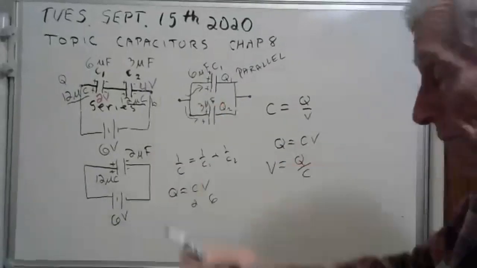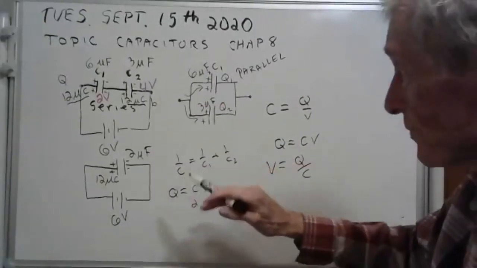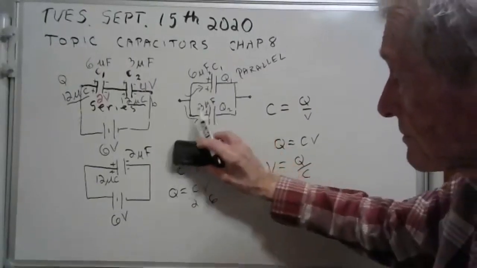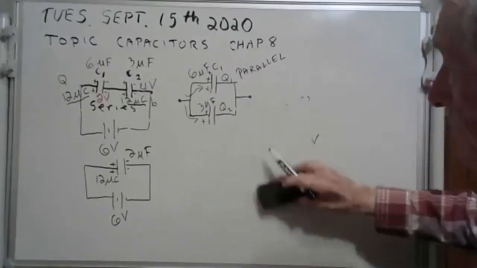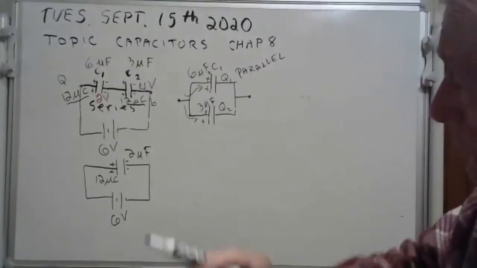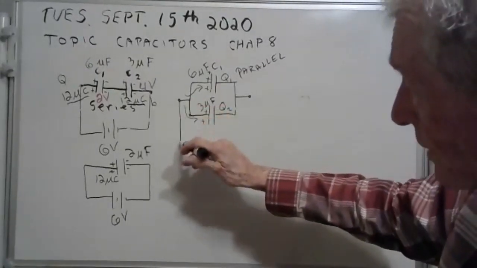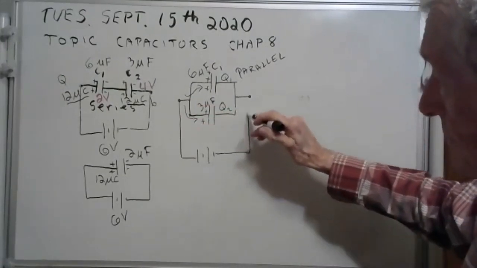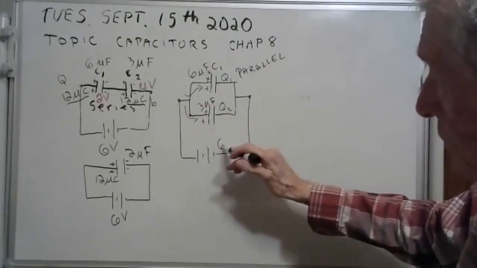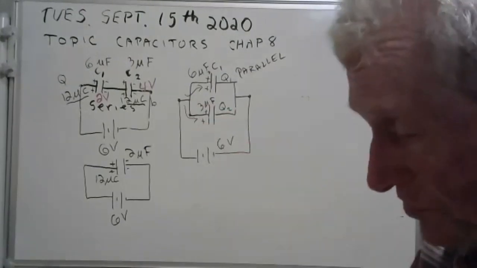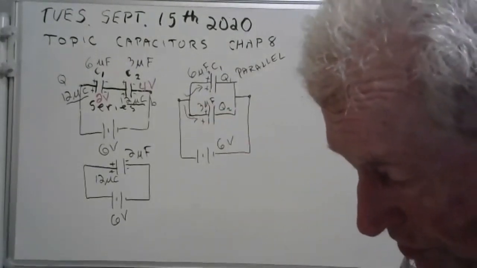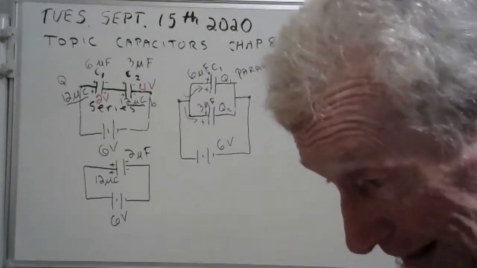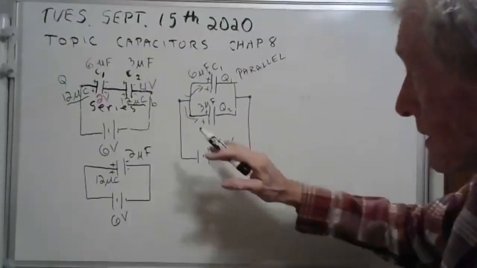Okay, well, let's do this one. Now, if you connected this, let me make a little room here. If you connected this to a 6-volt battery, the dirty little secret to doing these problems is to make a simplified equivalent circuit.